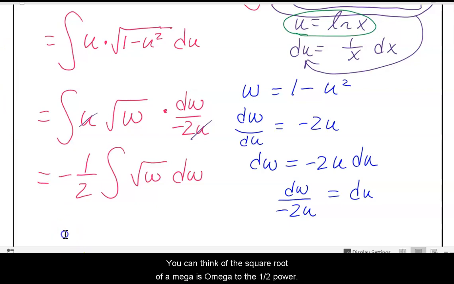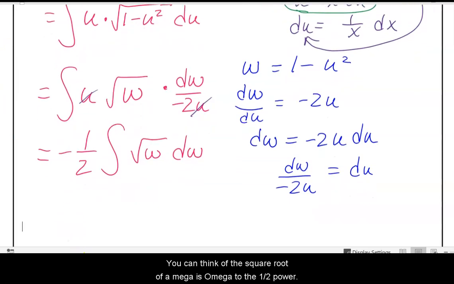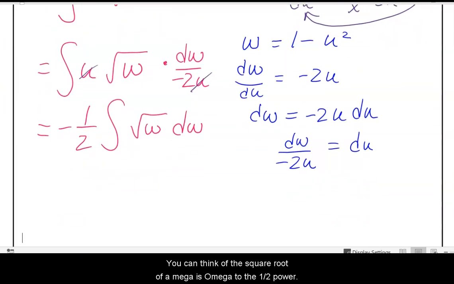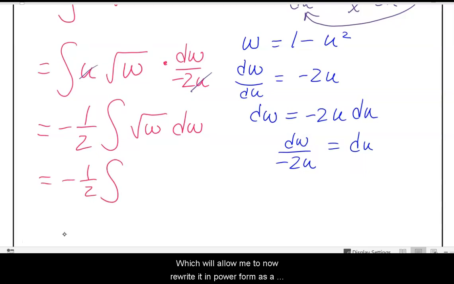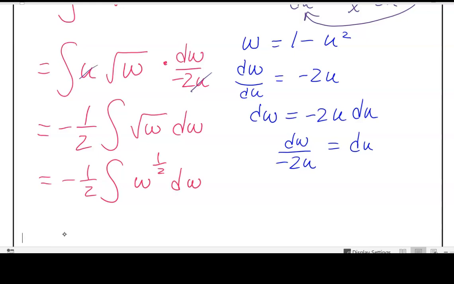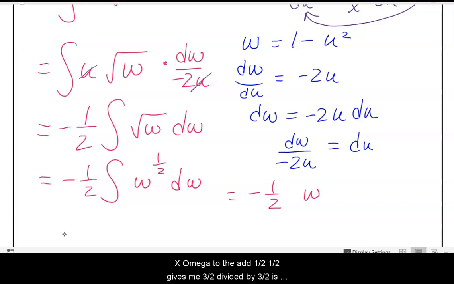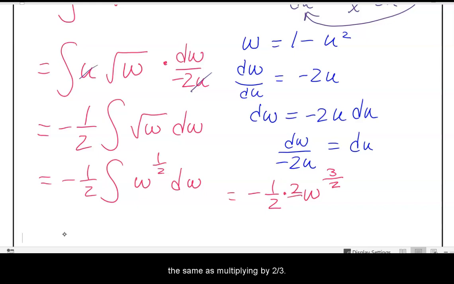Now you can think of the square root of omega as omega to the 1/2 power, which will allow me to now rewrite it in power form as omega to the 1/2 d omega. Then I can apply the power rule for integrals, which would lead to negative 1/2 times omega to the, add 1 to 1/2 gives me 3/2. Dividing by 3/2 is the same as multiplying by 2/3.